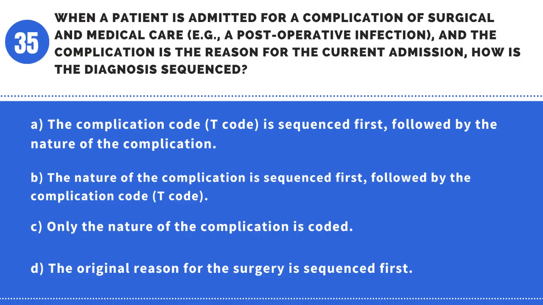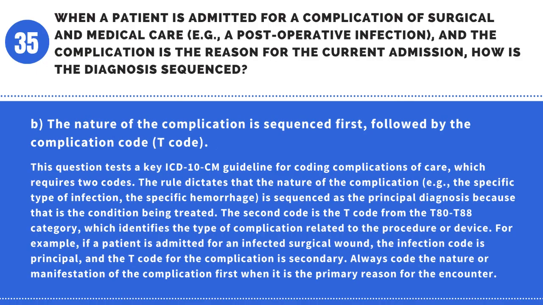B. The nature of the complication is sequenced first, followed by the complication code, T code. C. Only the nature of the complication is coded. D. The original reason for the surgery is sequenced first. Answer B. The nature of the complication is sequenced first, followed by the complication code, T code.